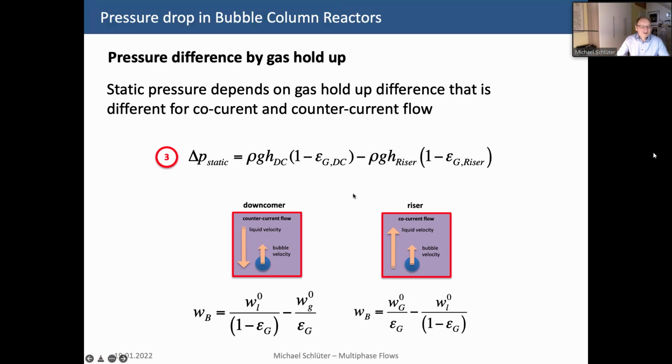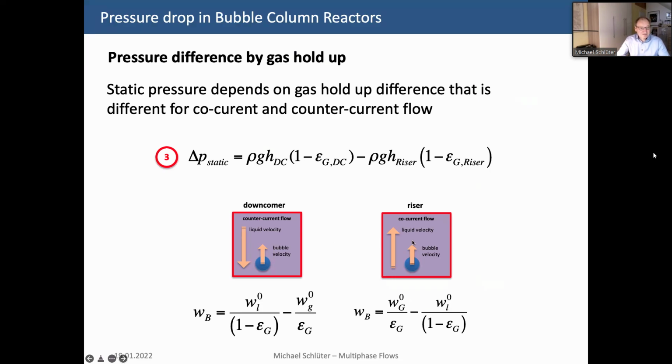For example, if we have a draft tube with a downcomer and a riser, then you might remember that if a bubble is rising upwards and the liquid comes from above, then the bubble is slower in velocity, which means gas hold up increases. And if we have co-current flow like in the riser, with the same direction of the liquid and the gas bubble rising velocity, in that case we have a faster bubble, and a faster bubble means lower residence time, means lower gas hold up.